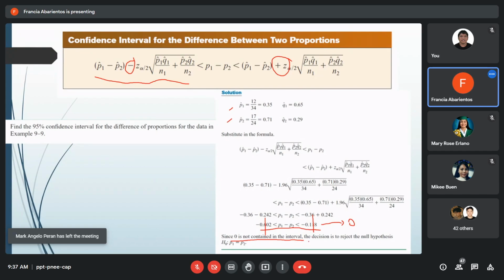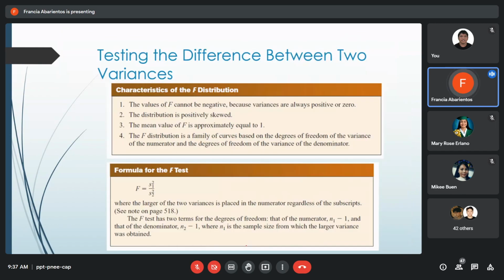So, the decision is to reject the null hypothesis. So, that is on how do we test or double check if the decision is right or wrong, if we reject or do not reject the given null hypothesis.